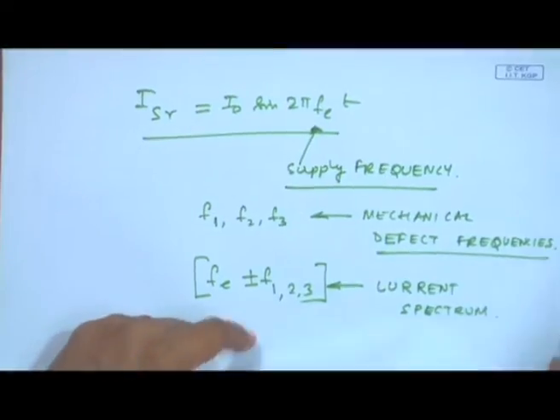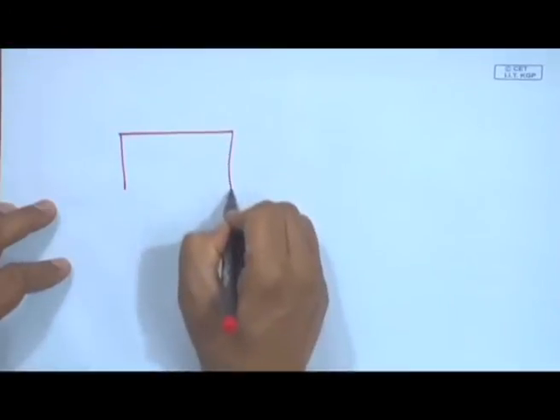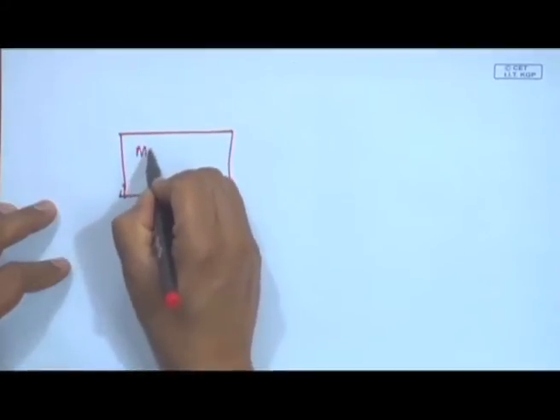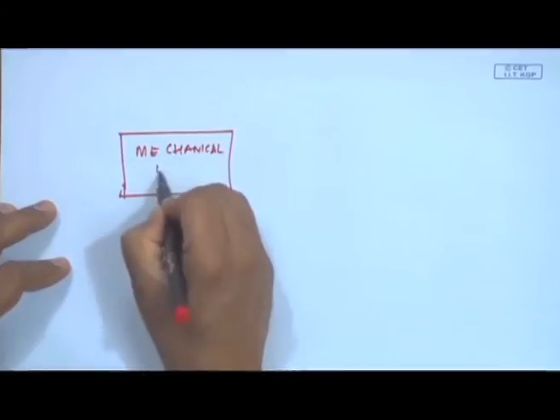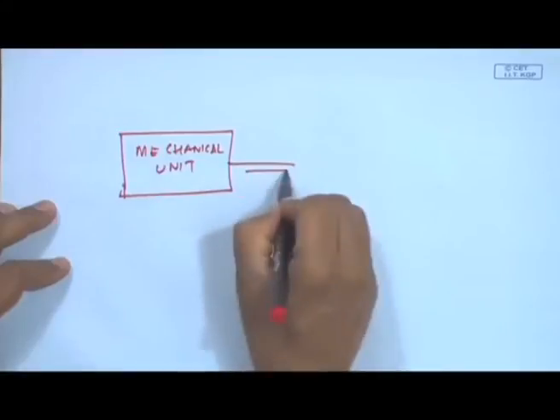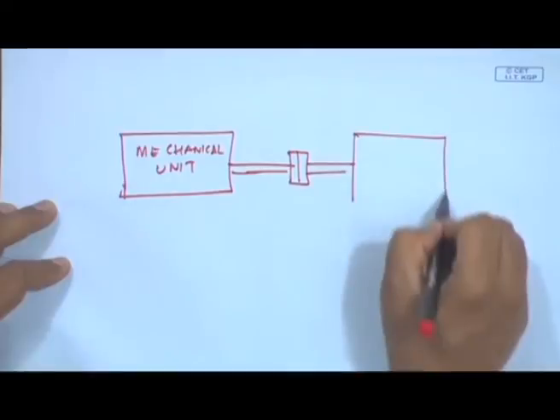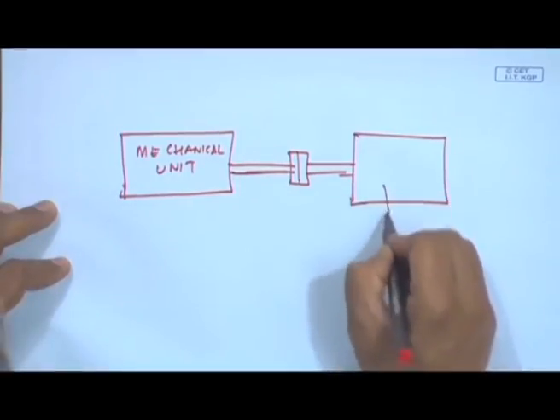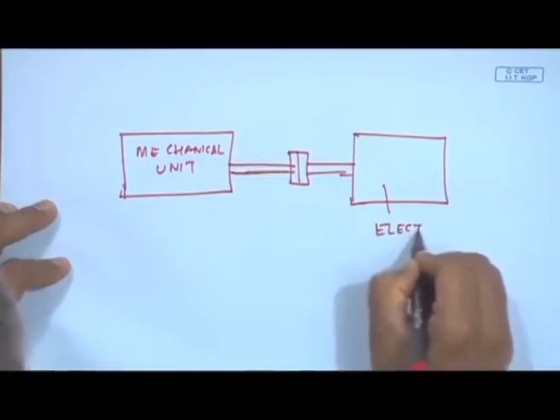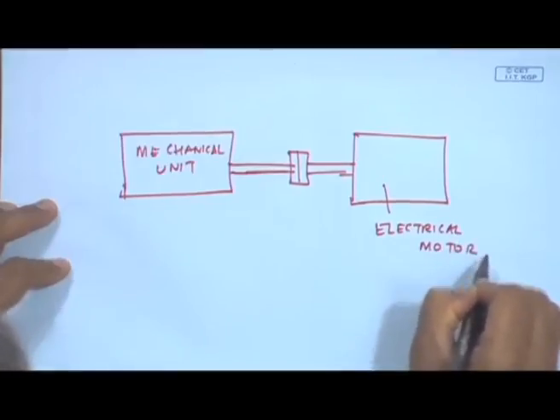So, in effect, if I was to explain it to you through a flow chart, I have a mechanical unit which is coupled to an electrical motor.